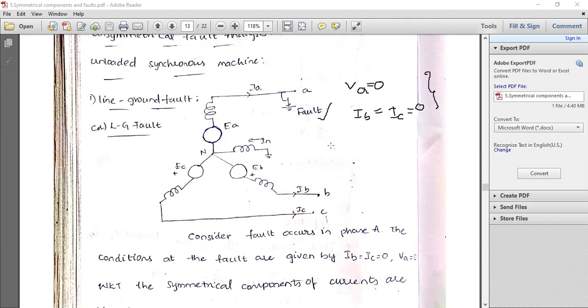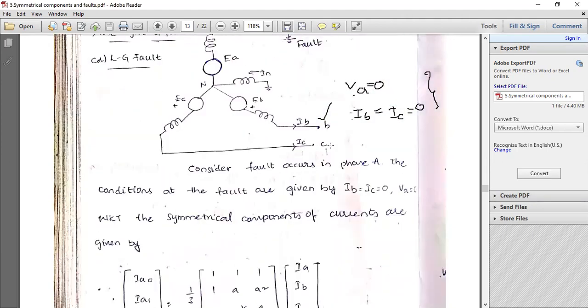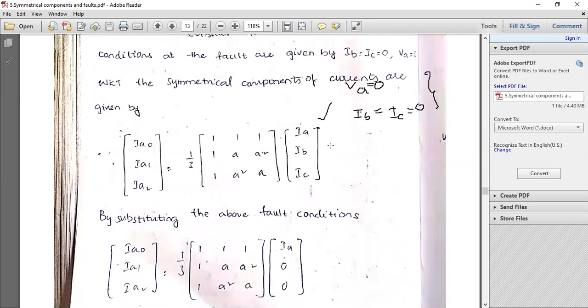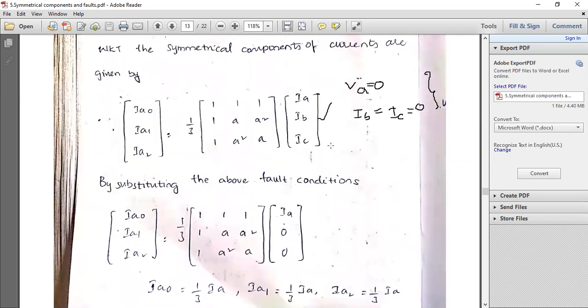Now see here. We have already seen the fault conditions. So VA is equal to 0, and IB and IC are equal to 0. We know that the symmetrical components of currents are given by, okay. IA, IB, IC are unsymmetrical phasors. Please do remember that. Symmetrical fault analysis has already been completed in chapter 4.